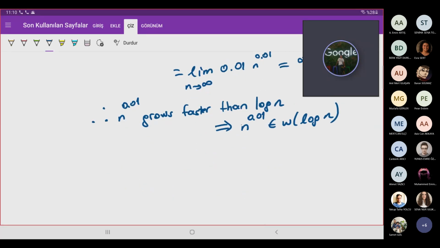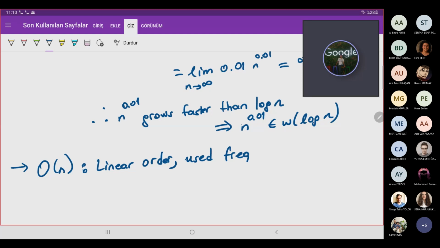The other complexity is big O n, linear order, used frequently. When we say big O n, or linear order, we actually imply linear, big O n, theta n.